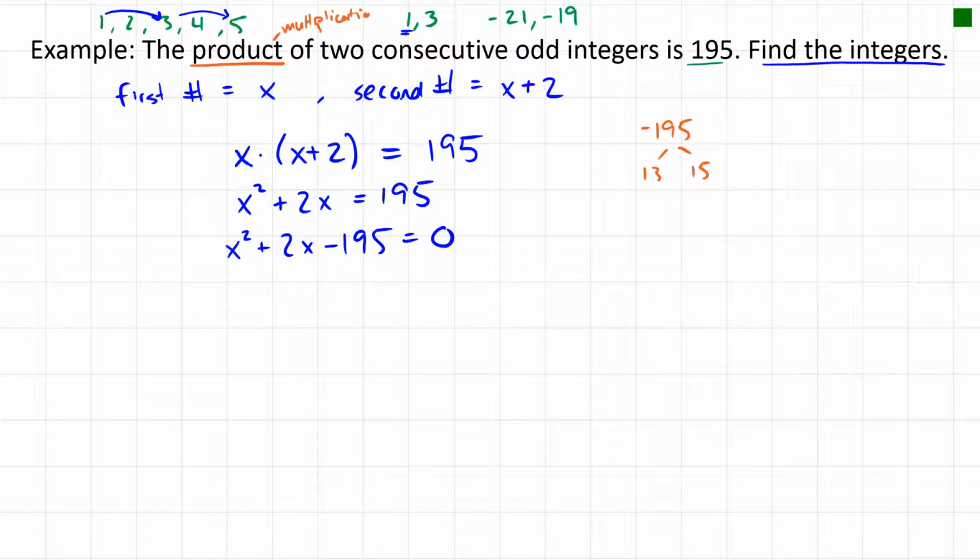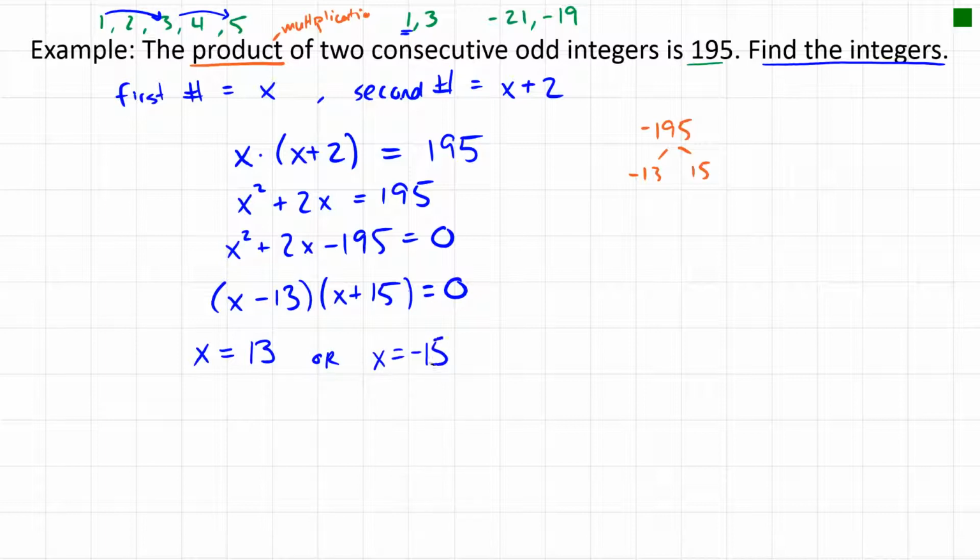So if I do negative 13, positive 15, they multiply to negative 195 and then add to positive 2. So I can factor this as x minus 13, x plus 15 equals 0. And so that means that I have two solutions, either x equals 13 or x equals negative 15.